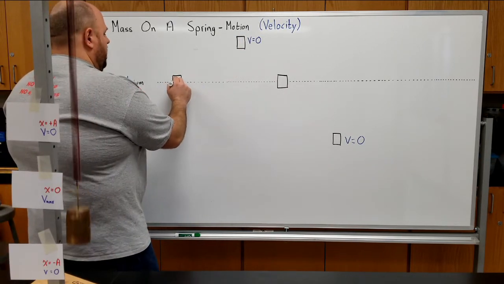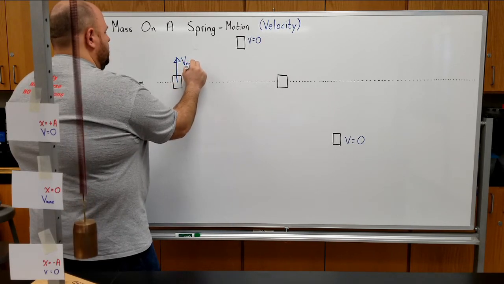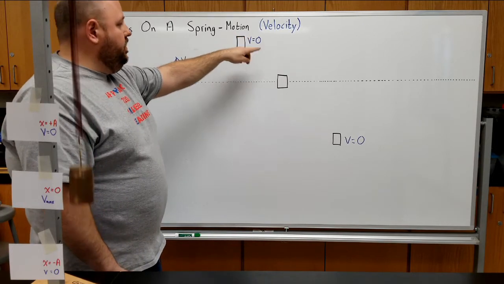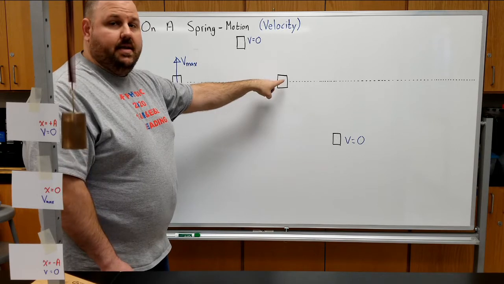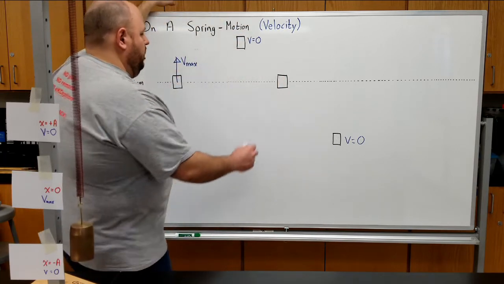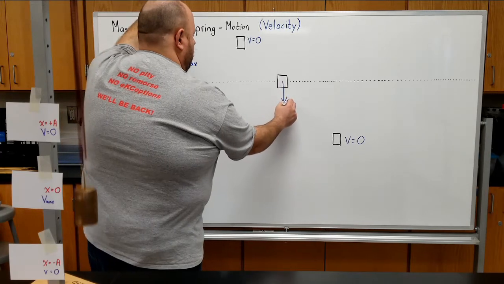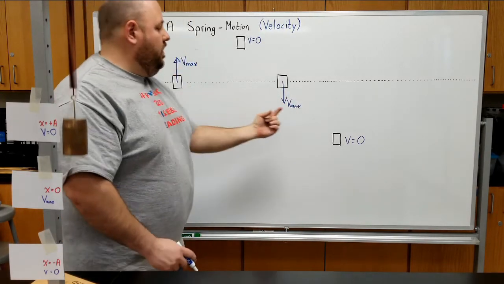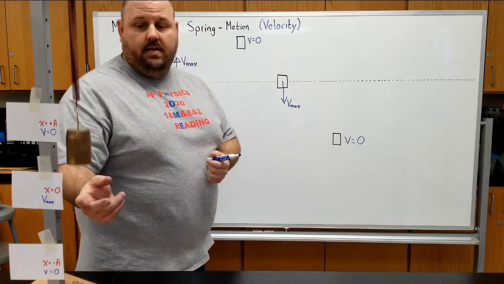And so I'm going to draw an upward arrow, call that Vmax. It stops when it reaches its amplitude and then starts to go downward, reaching a maximum velocity again, but this time downward when it returns to equilibrium. And then when it reaches its lowest point again, it reaches a velocity of 0.